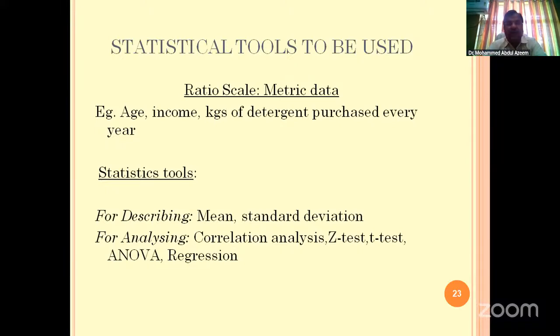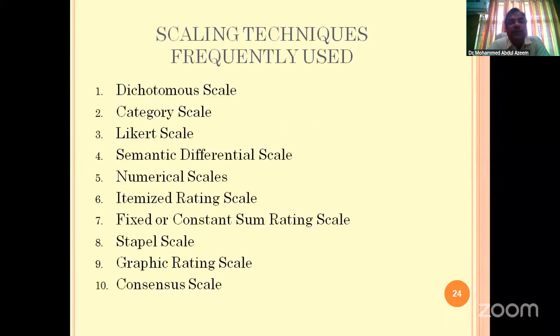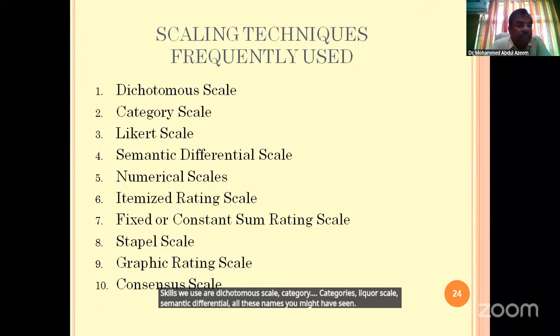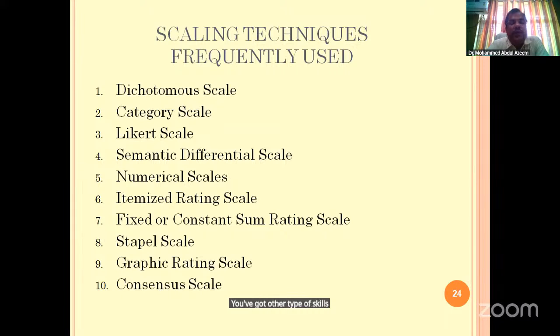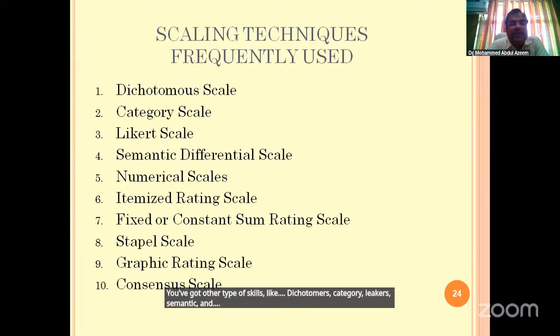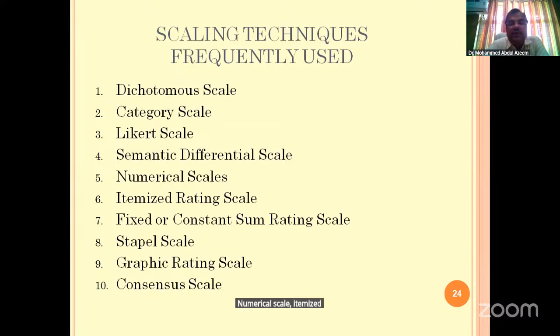Now, the other types of scales we use are dichotomous scale, category scale, Likert scale, semantic differential, all these names you might have seen. You have other types of scales like dichotomous, category, Likert, semantic, numerical scale, itemized rating, fixed or constant sum scale, graphic rating.